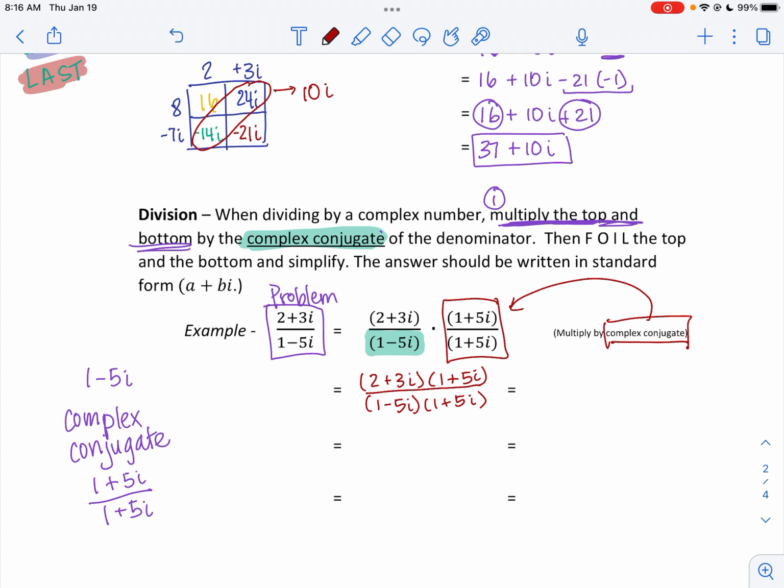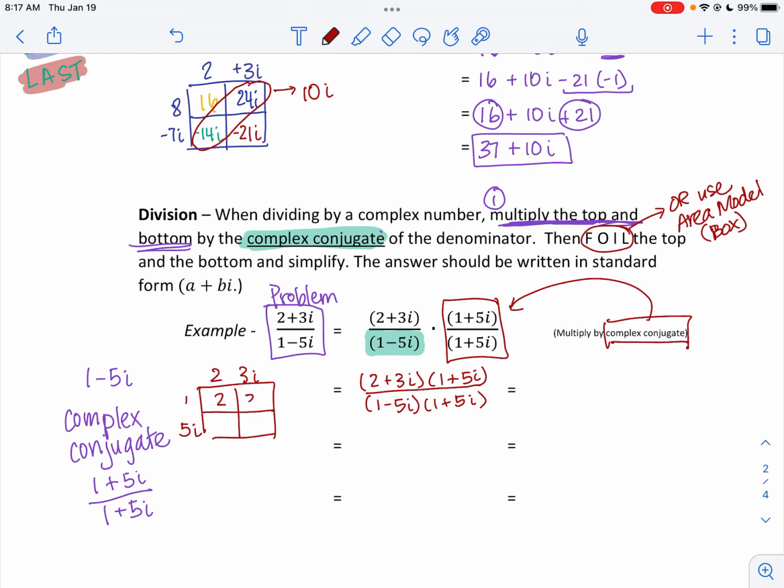If you know how to use FOIL, go for it, or use the area model, aka box. I'm going to use the box because it's a lot more visual for those people that are new to multiplying binomials.